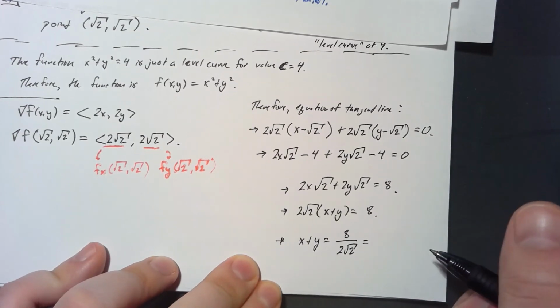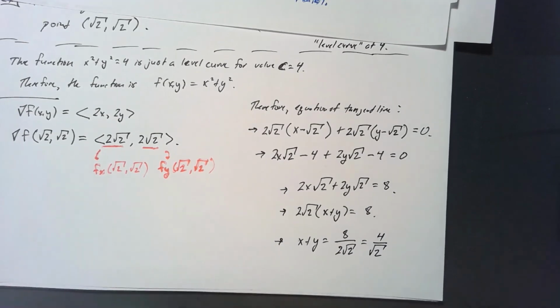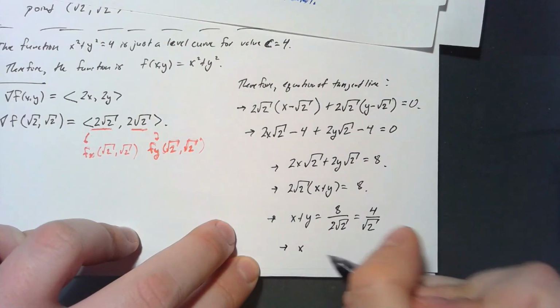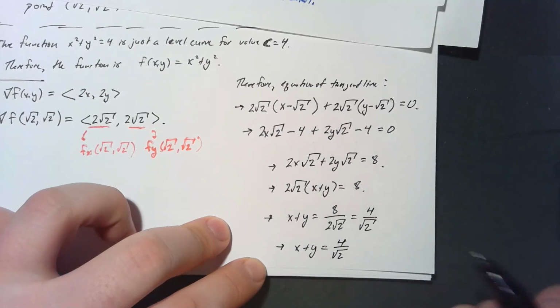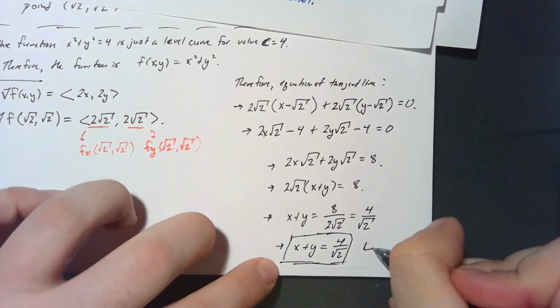That'll just be 8 divided by 2 is 4 over root 2. So now technically this is the equation of the line, but if you want to put this in slope-intercept form, that's fine, but that right there is the tangent line to the level curve.